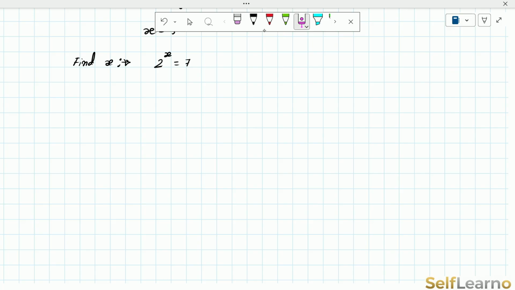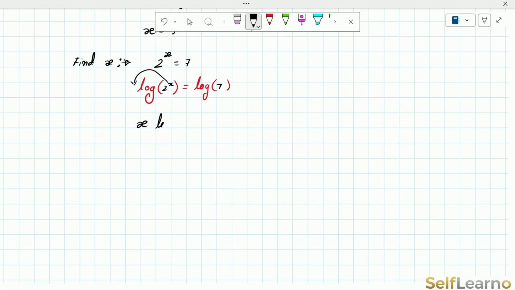So what we do in this case, we apply logarithm on both sides. We apply log on both sides: 2 to the power x, 7. Now this x can be brought here in front.